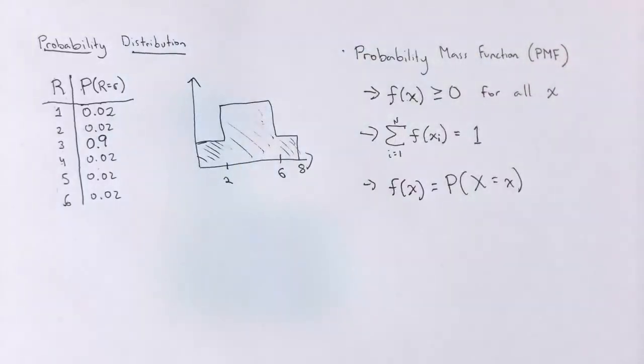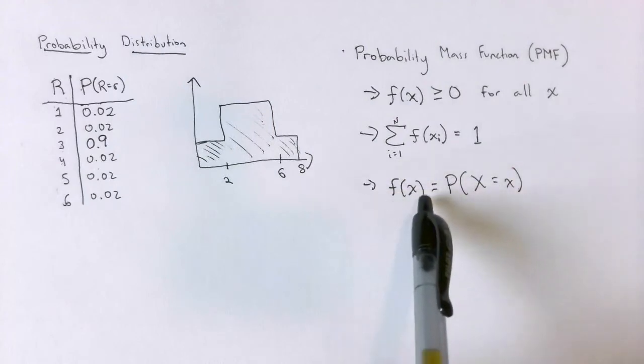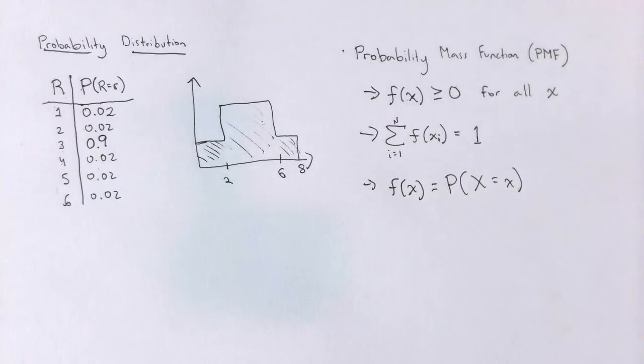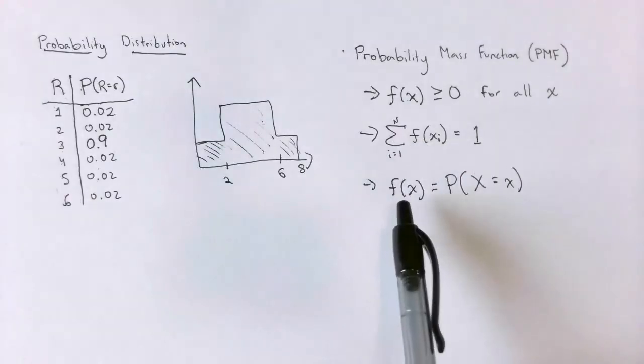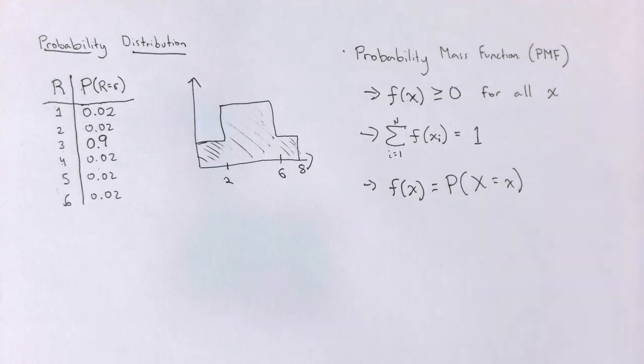Now, it's important that we understand this because sometimes you'll see it written in this way. Sometimes you'll see the probability mass function expressed in this way, but in both cases for discrete random variables, they mean the same thing. So probability mass functions can never be less than 0. They have to add up to 1, and then they're equal to the probability of the random variable being equal to any one outcome. Okay?